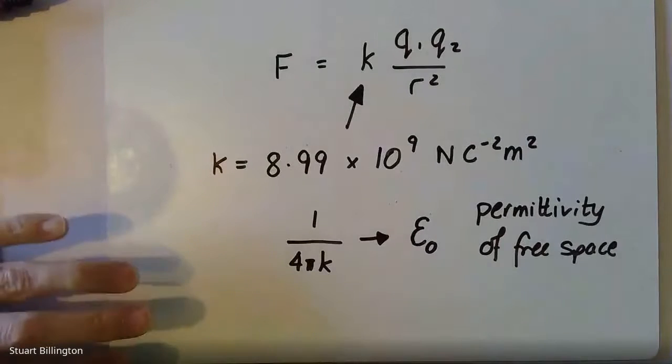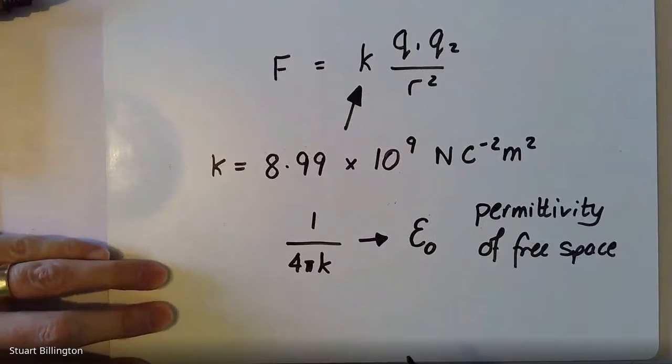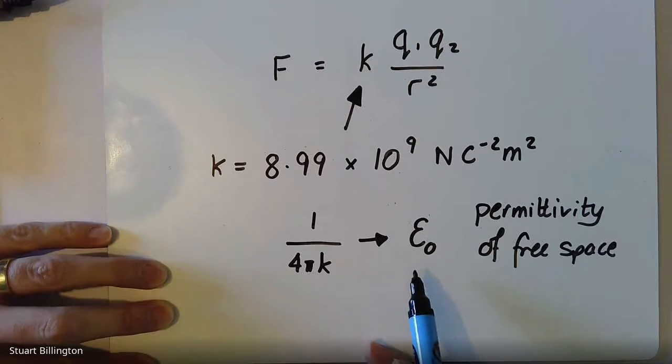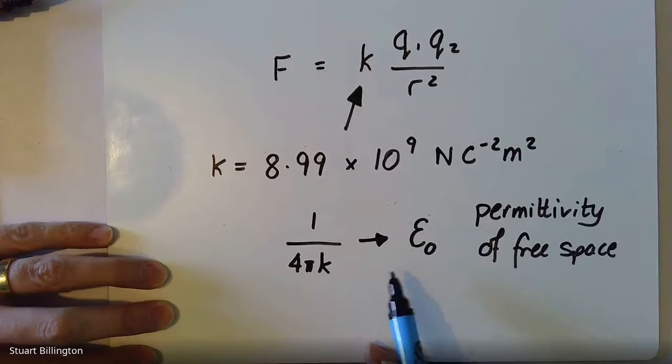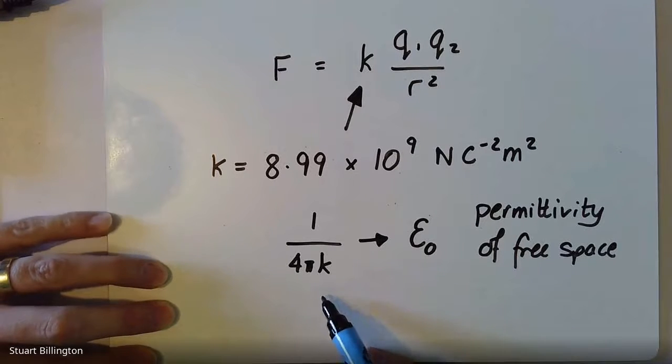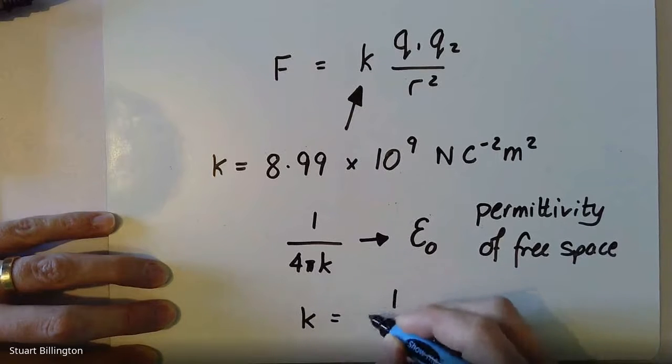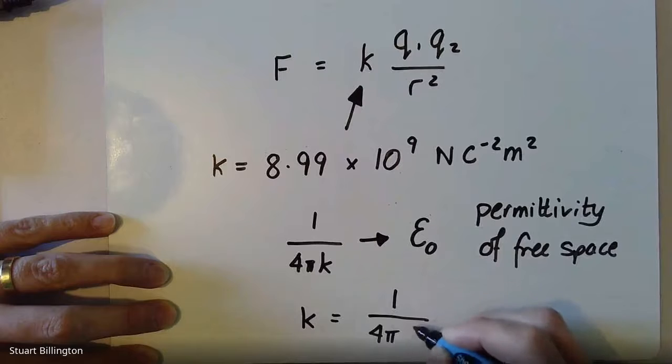And what that means is that if we're going to use epsilon naught as our fundamental constant of the universe rather than K, then that means that K is now equal to 1 over 4 pi epsilon naught.